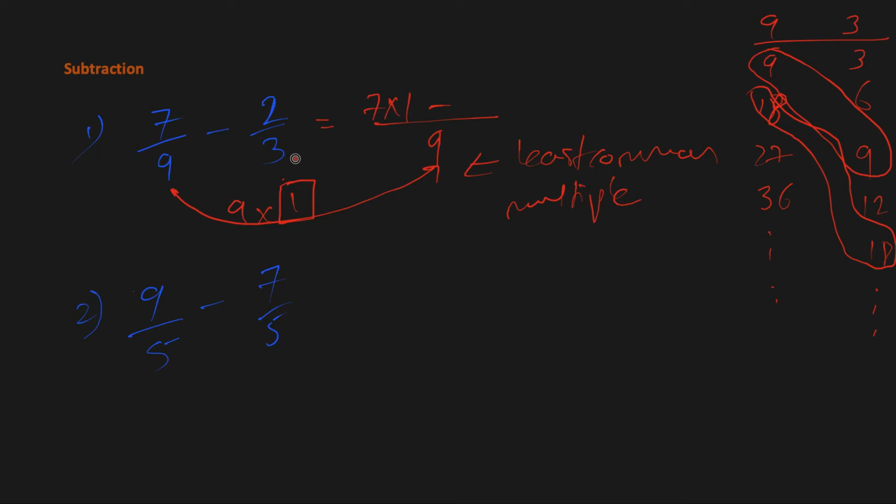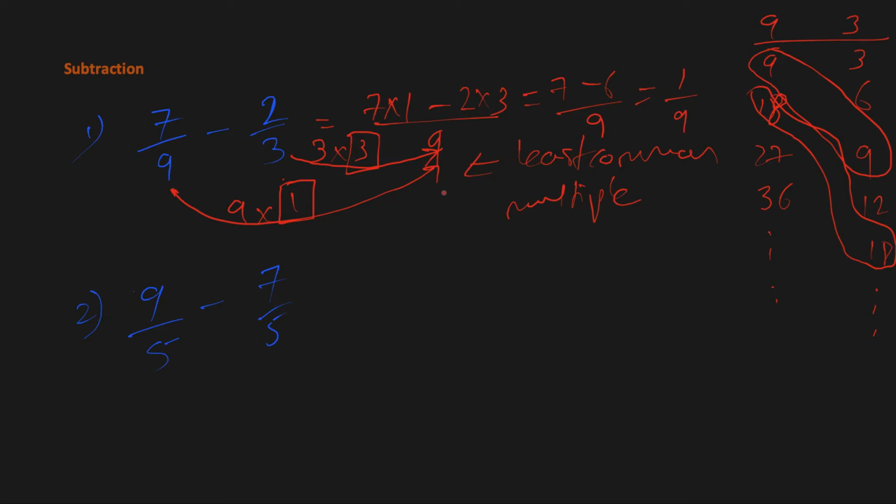Now we'll compare the other denominator: what times 3 is 9? 3 times 3 is 9. So we use this number and multiply with 2, so 2 times 3. So we get 7 times 1 is 7, minus 2 times 3 is 6, over 9. So 7 minus 6 is 1, and we get 1 over 9.